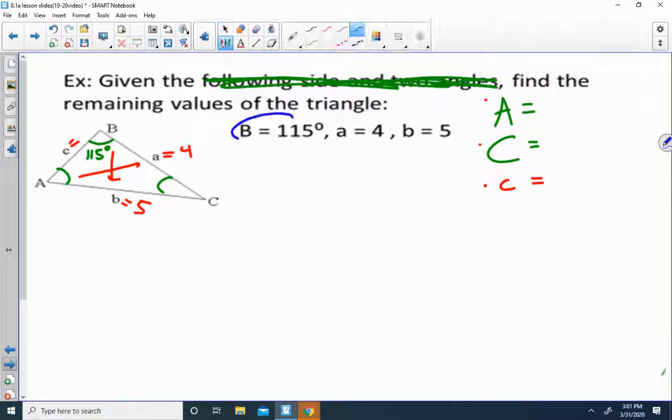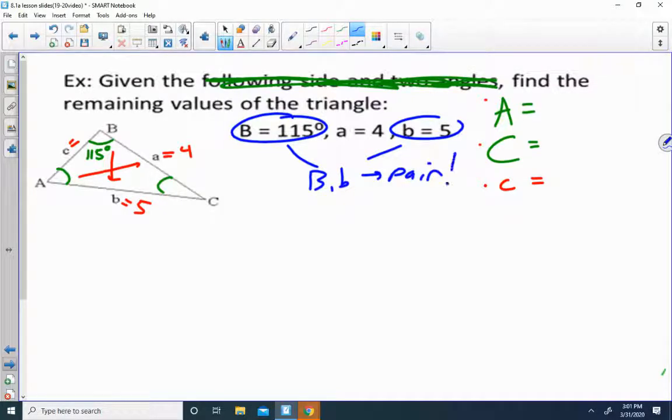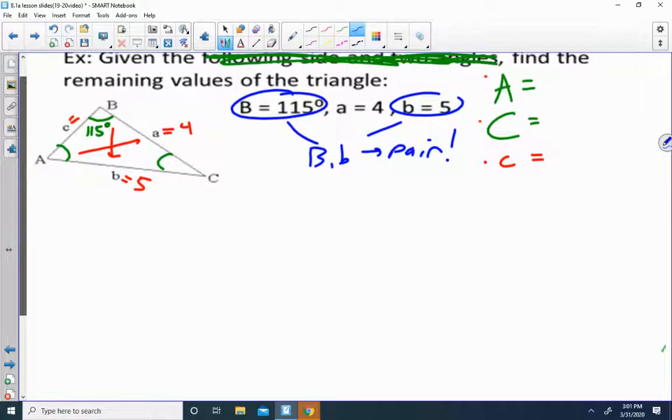And sure enough, we do have a pair. We have big B and little b. And as long as we have a pair, that means we can use the law of sines. So, again, since my pair is B, I'm going to start off with big B over little b this time. I don't have to start with big A over little a.